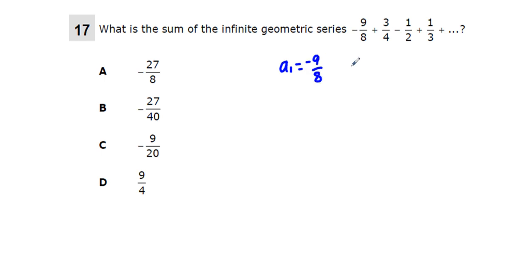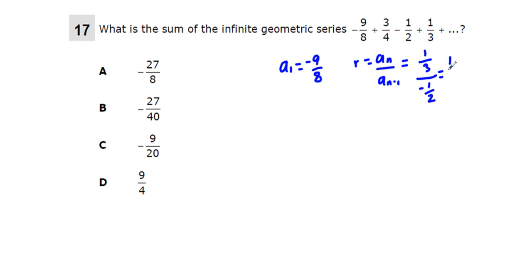The next thing to do is to find r. Well, r is equal to a sub n divided by a sub n minus 1. So if it's a geometric sequence, you can take any two of these together. So I can take 1/3 divided by negative 1/2.